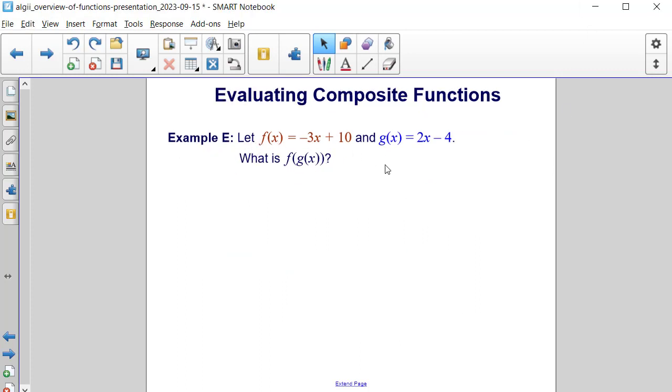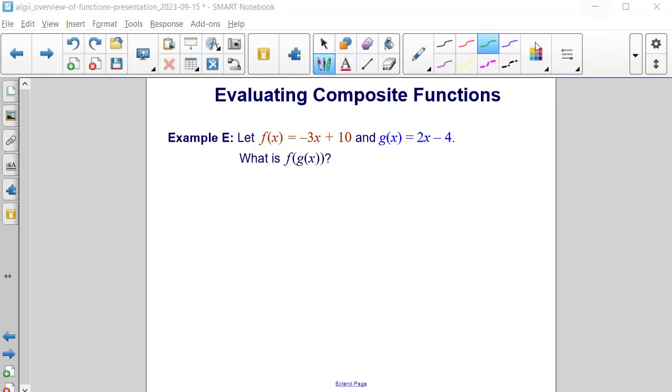Let's work through this example algebraically. Let f of x be equal to -3x plus 10, and g of x be equal to 2x minus 4. What is f of g of x? Let's start from the innermost section of our function, which is x, and we're putting x in place of x in g of x.